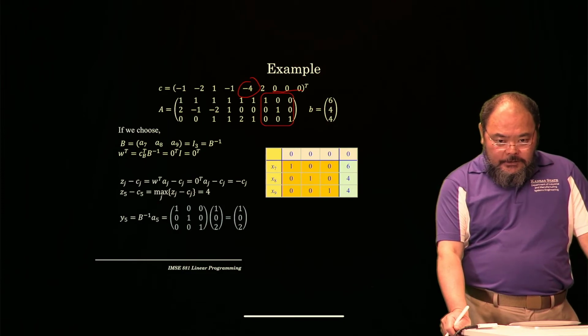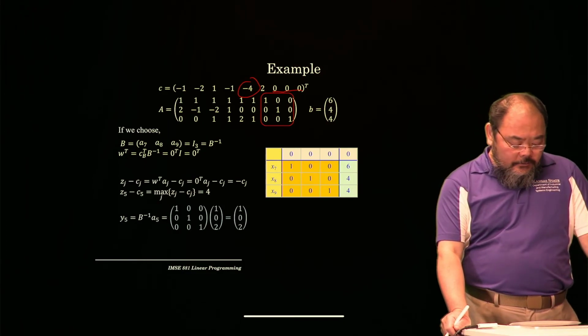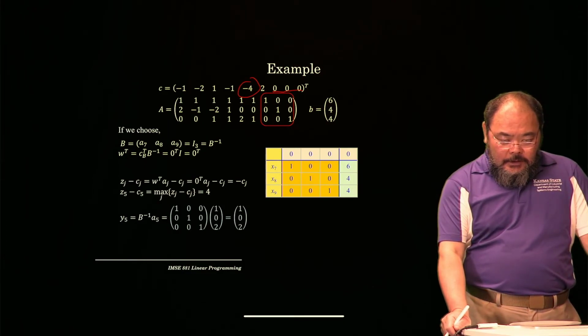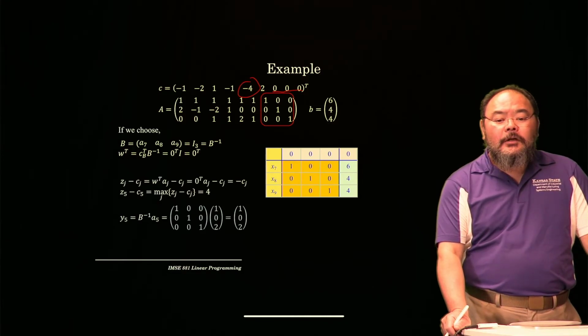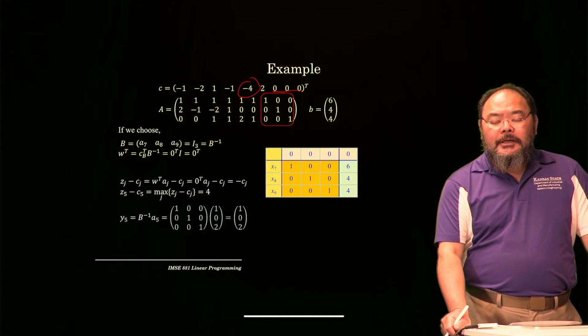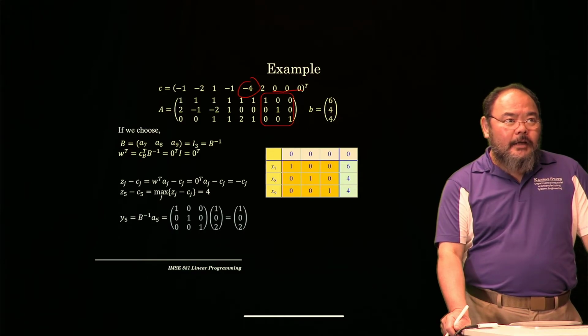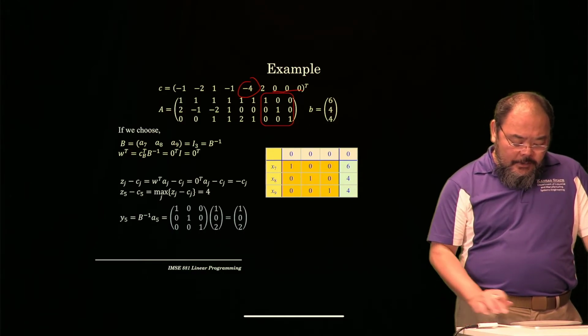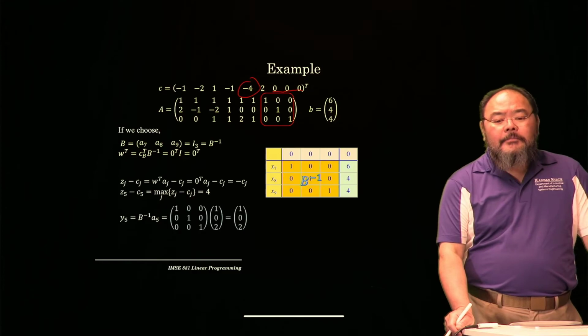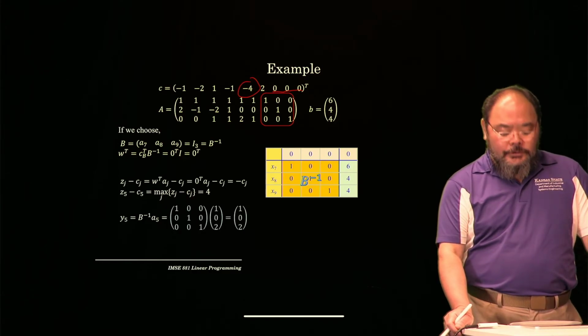I have colored it differently. The first column on the left represents the basic variables, x7, x8, and x9. In the middle is my B inverse, where it's stored.